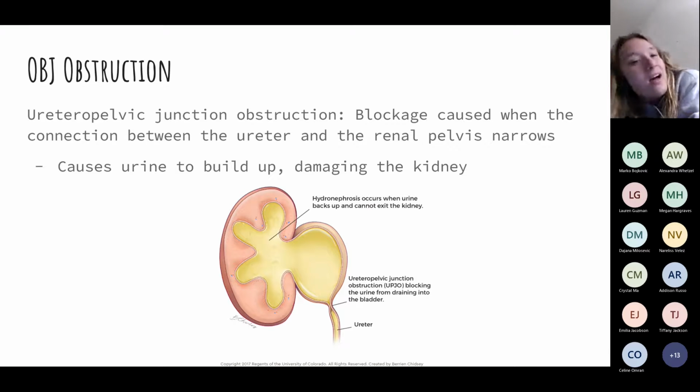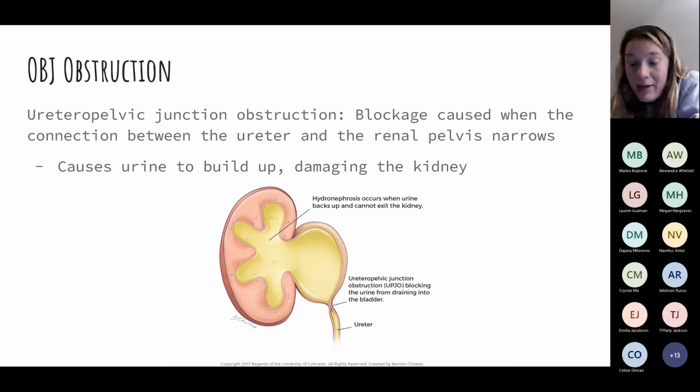So our UPJ, uretero-pelvic junction obstruction. Essentially with this one, usually there's a stricture more in that ureter, at the little junction between our kidney and our ureter. There's an obstruction, so what happens? All that urine is going to flow back into the kidney.